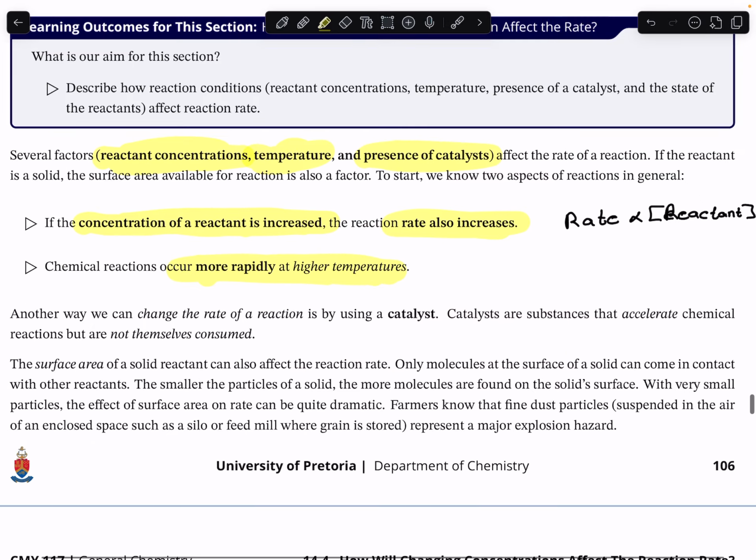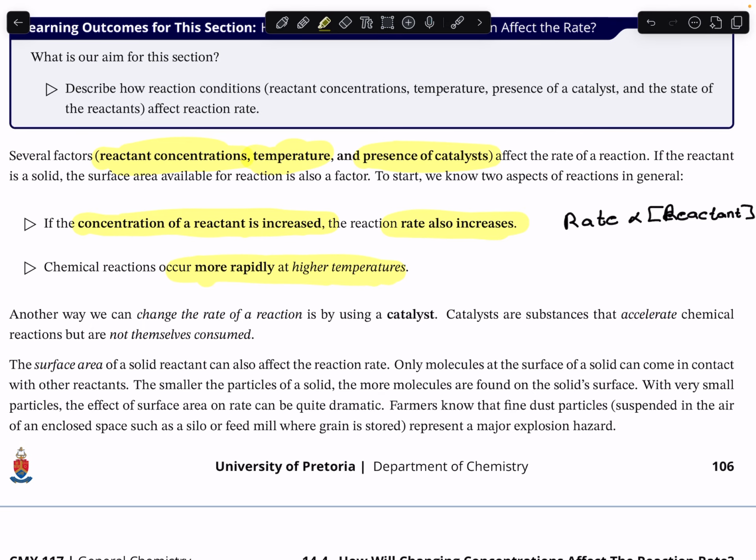Okay. The final thing that we can do to increase the reaction rate is to introduce a catalyst. The other two things I can kind of explain, but a catalyst is a substance that accelerates a chemical reaction but is not itself consumed. Maybe you've heard what a catalyst is before, but a catalyst actually lowers the energy required for a reaction to take place.